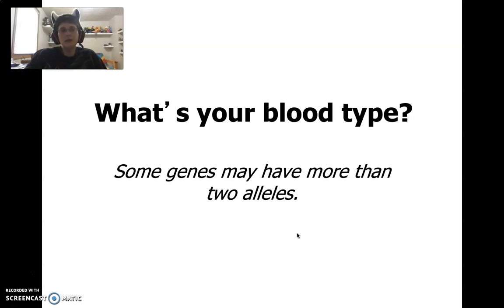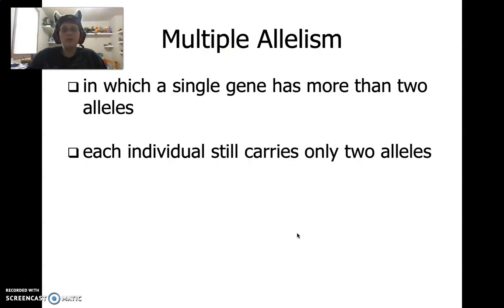Mendel got really lucky with peas because there are only 2 alleles for each of the things he looked at. But some genes have more than 2 alleles. There are more than 2 choices, and blood is one of them. Multiple allelism is where a single gene has more than 2 alleles, but each individual still only carries 2 alleles. So you still only get 2 copies. This is where you get that variation.